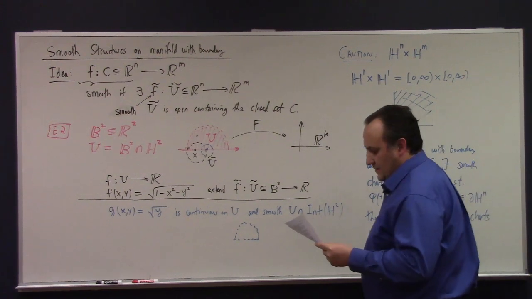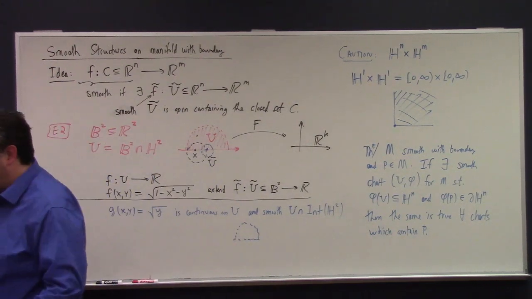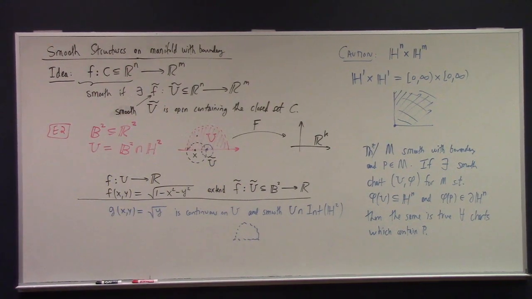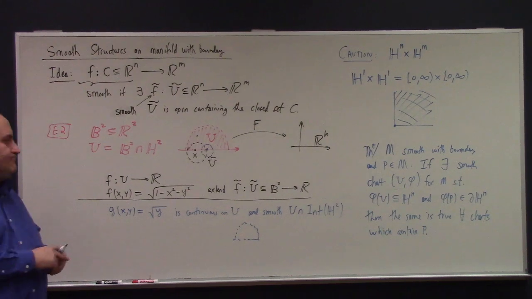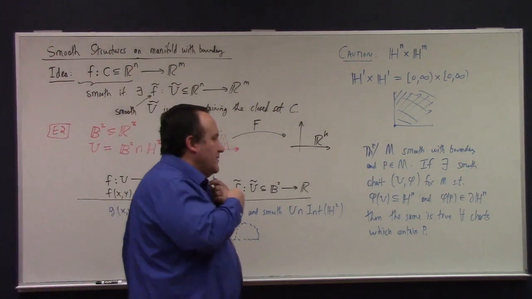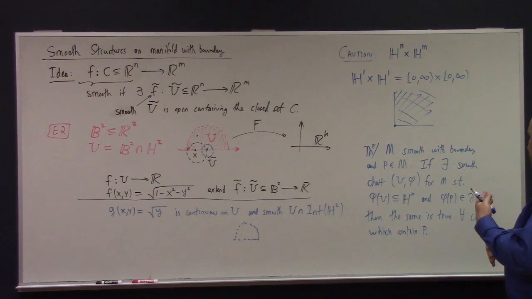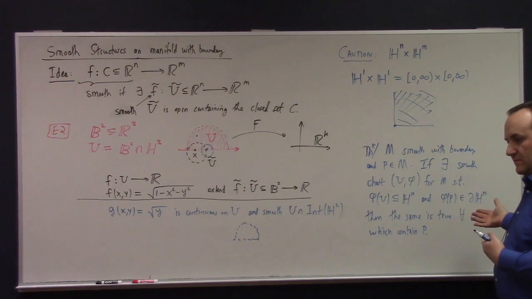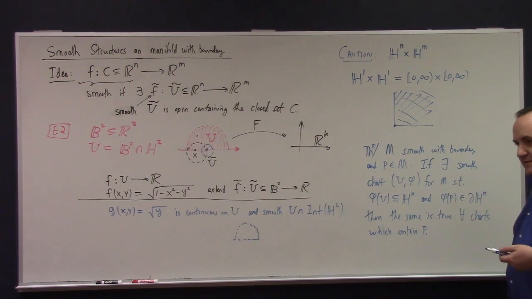In other words, the boundary is a genuine geometric feature of the manifold. It's not just some sort of coordinate effect of the chart. No matter what chart you pick, if you have a point on the manifold which maps to a boundary point in your chart, that has to happen for every single other possible chart you can pick at the point.